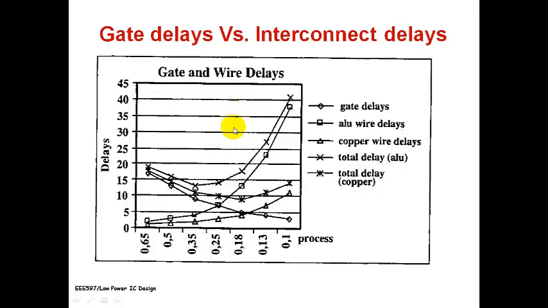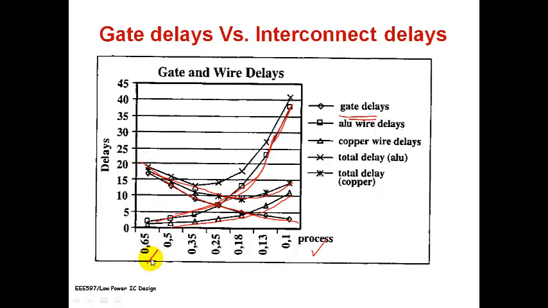As we have discussed, the gate delay as the technology shrinks is this curve you see, the aluminium wire delays and copper wire delays are this much only, and the total delay of copper is this much. And as I showed you already, the gate delays are going to be this.